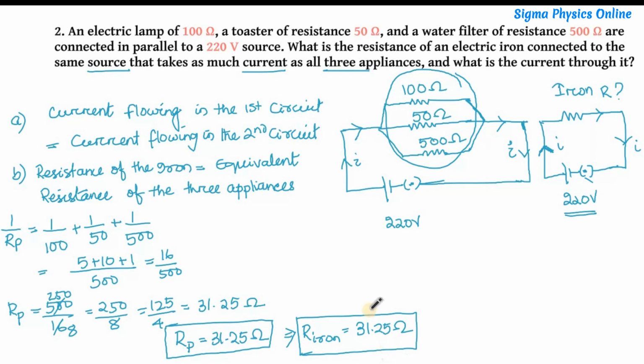Now let's find out the current. From Ohm's law, V is equal to IR.